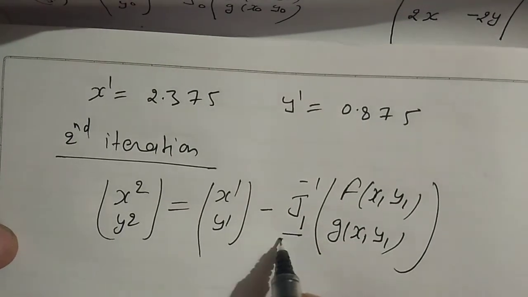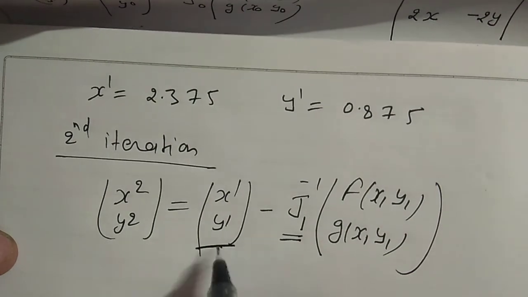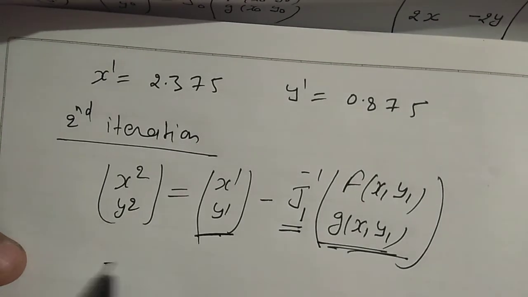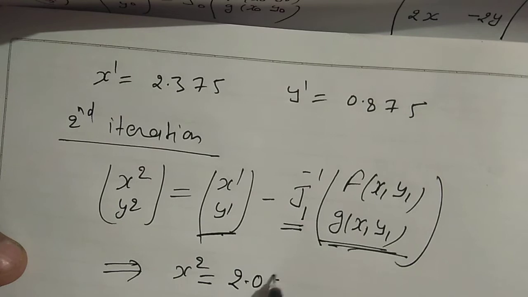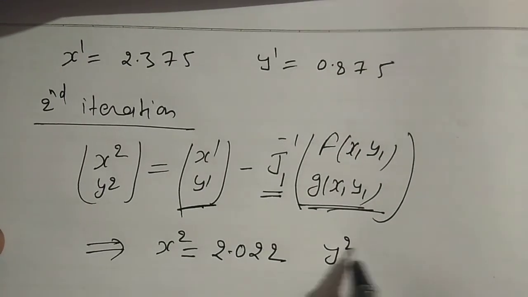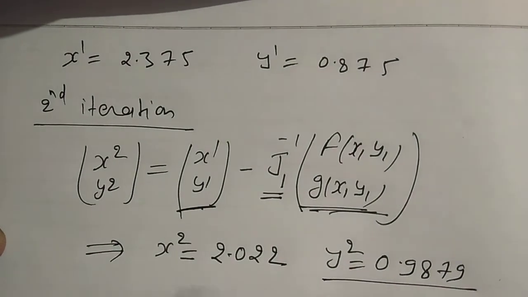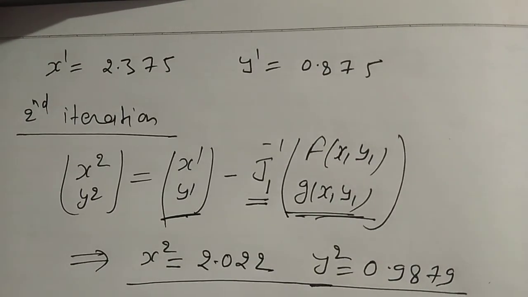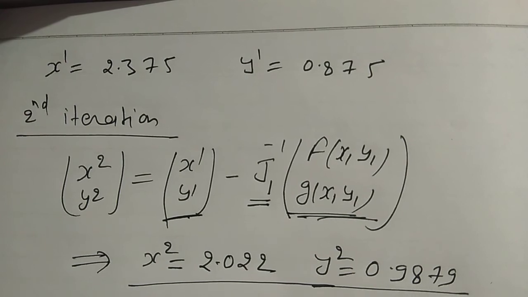So if you find the Jacobian inverse at the point x1, y1 and substitute x1, y1, we get the solution here. x2 equal to 2.022 and y2 equal to 0.9879. So this is the answer for second iteration.